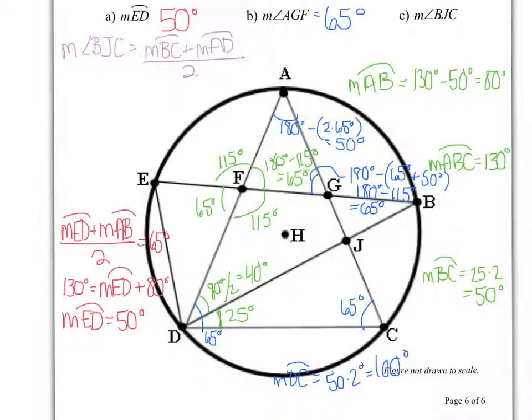We know this is 50, this is 100, this is 50, and this is 80. So the measure of arc AE, well, we don't even need to find AE. We really need AD. So that's going to take 360 minus these.